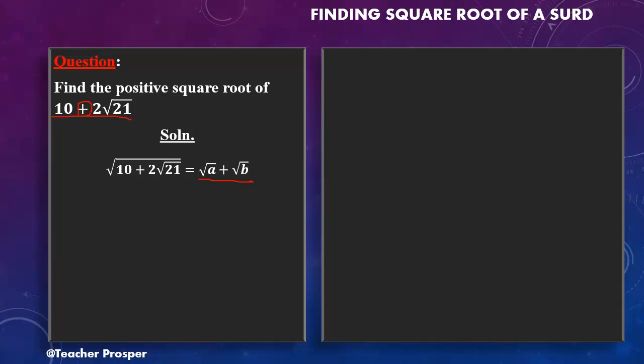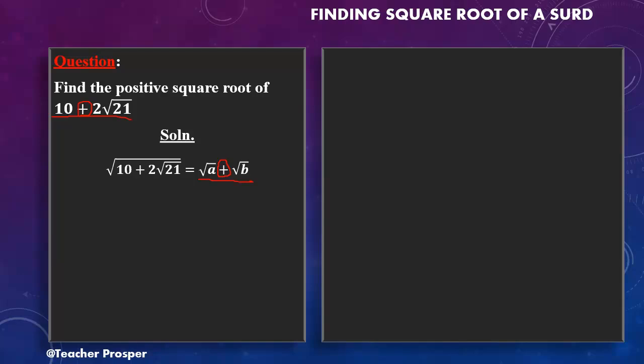If it were negative, then here would also have been a negative sign. So take good note of that. Good. So when we take the square root of 10 plus 2 square root of 21, it is going to be of the form square root of A plus square root of B.